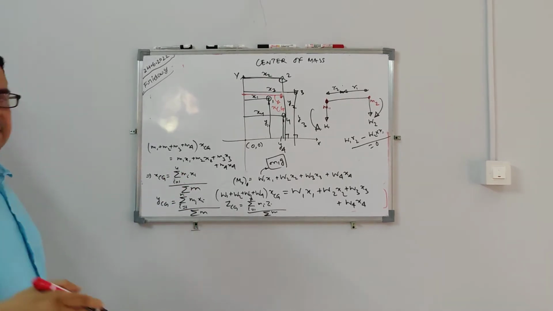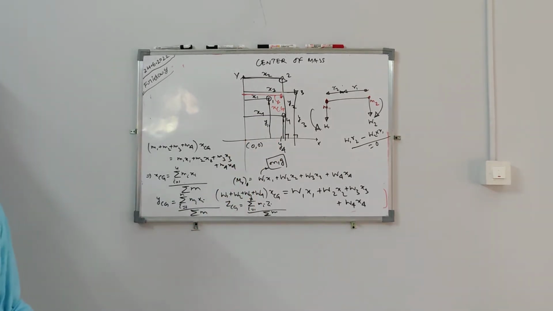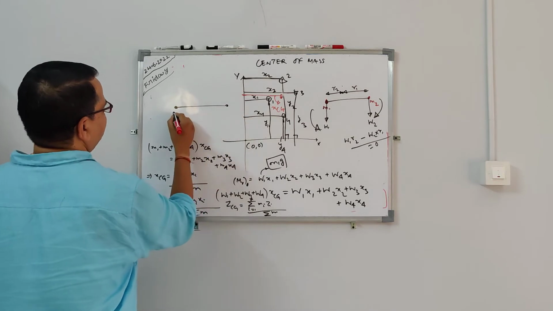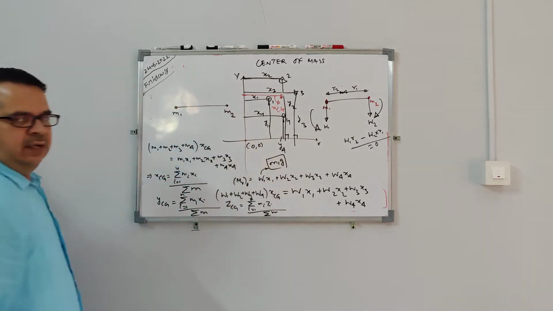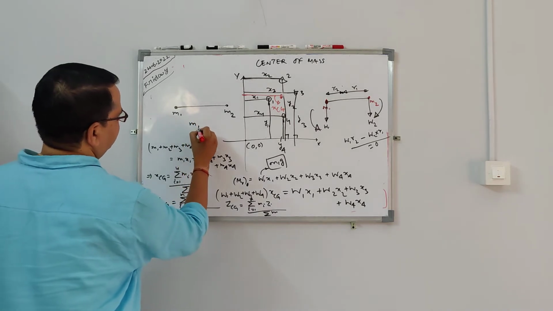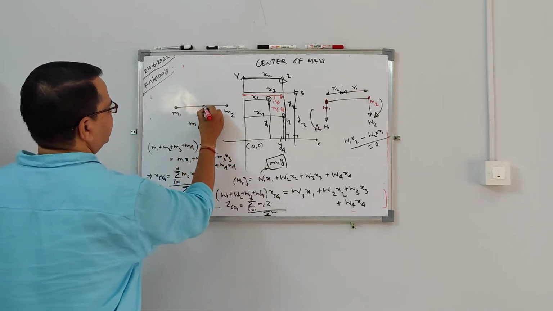From this relationship, you can find out the CG also. Suppose you have two masses. If m1 is equal to m2, your CG will be at the center.